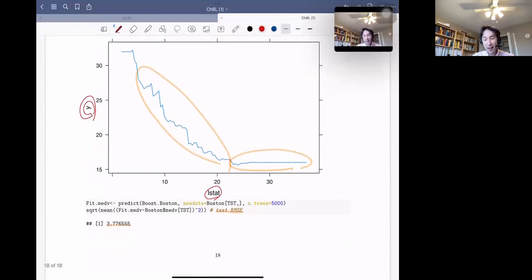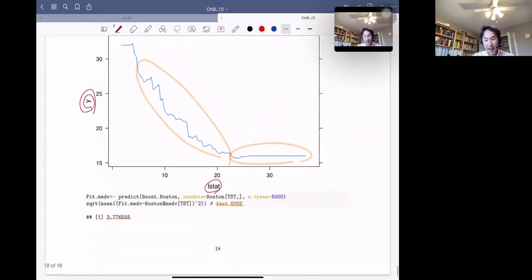Actually, before I started to run this course, I had a smaller directed study to study this book with a couple of students. At that time, I used all kinds of methods to predict this Boston data set, and we calculated cross-validated errors.